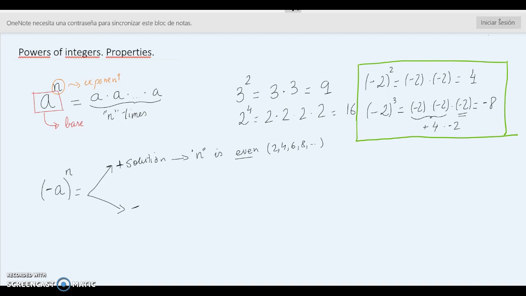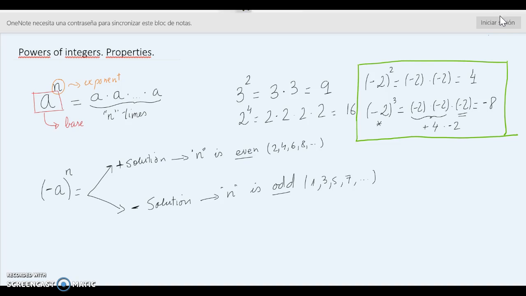Or we can get a negative solution if n is odd. For example, 1, 3, 5, 7, etc. To see the two different cases, you can see this operation here, minus 2 to the power of 3.